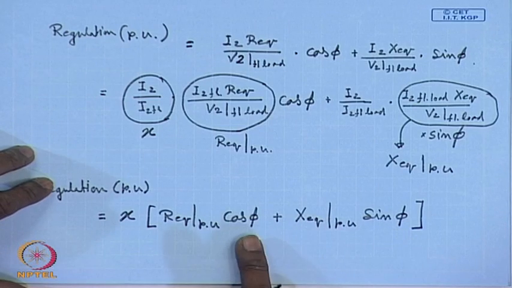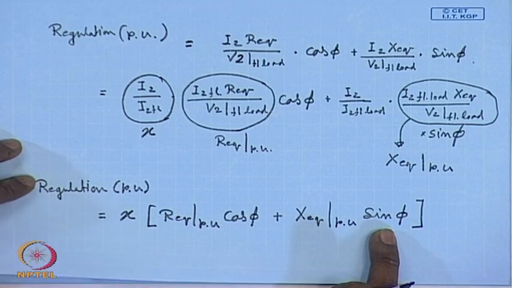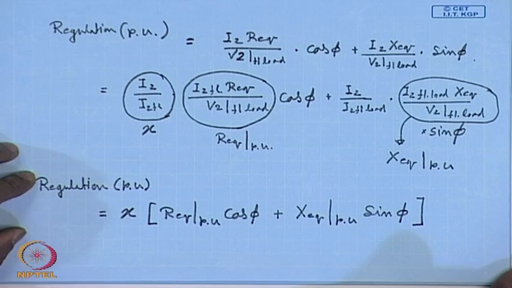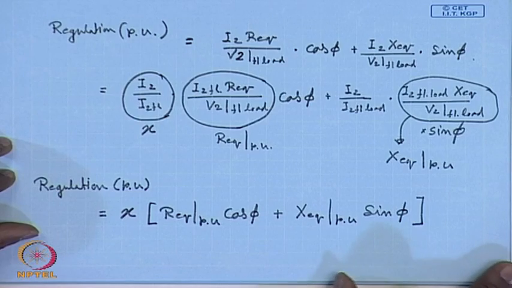For lagging load, phi is positive, for leading load, phi is negative. So, it is imperative that percentage regulation can be 0 at leading load. At what value of cos phi is the percentage regulation 0?